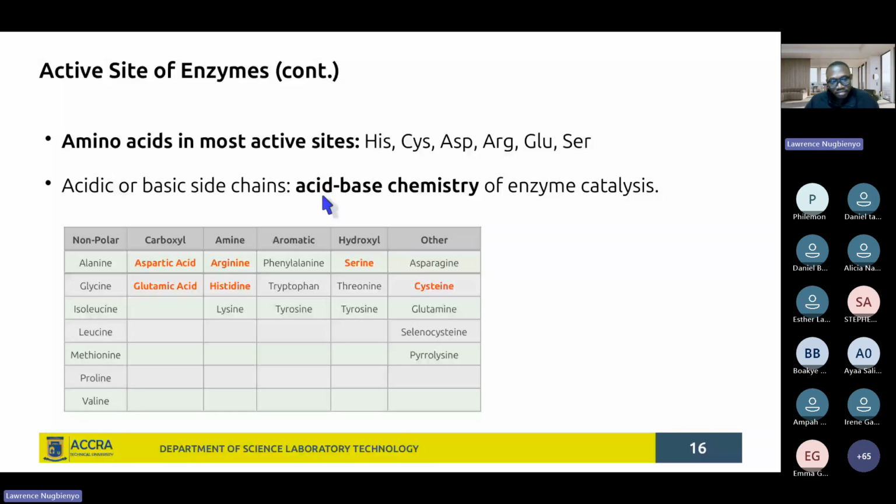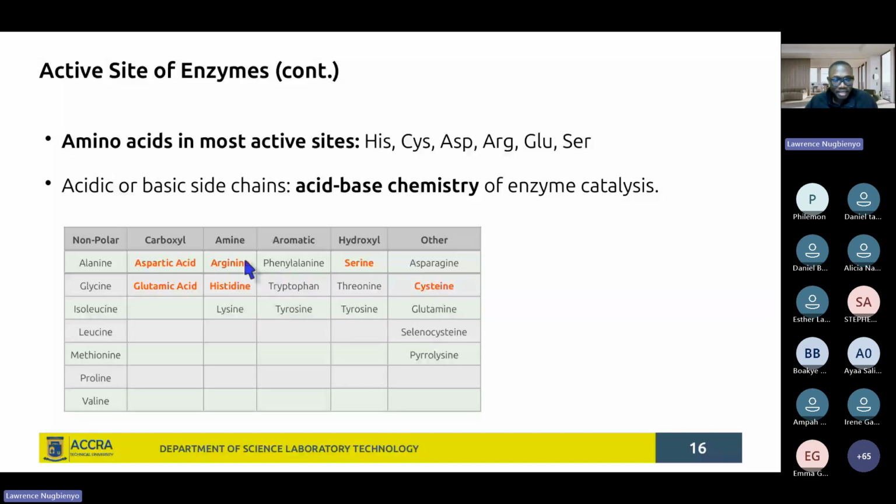Now, similarly, you have arginine and histidine. Histidine has a side chain with a special type of ring, what we refer to as the imidazole ring. When we go ahead, we may see one of these mechanisms where there is a proton transfer onto a nitrogen inside the imidazole ring of histidine.